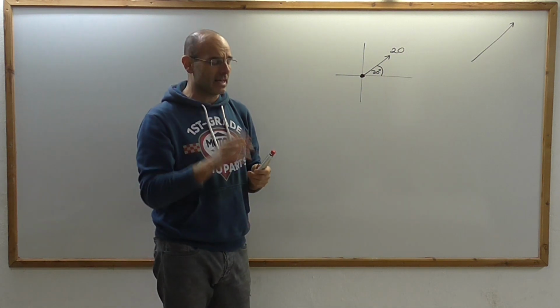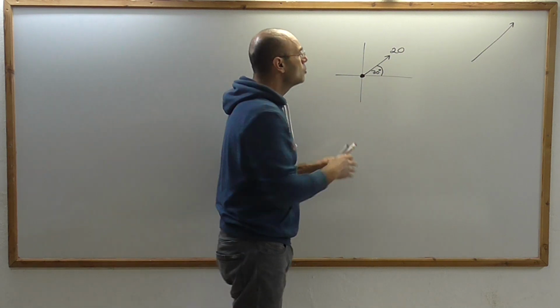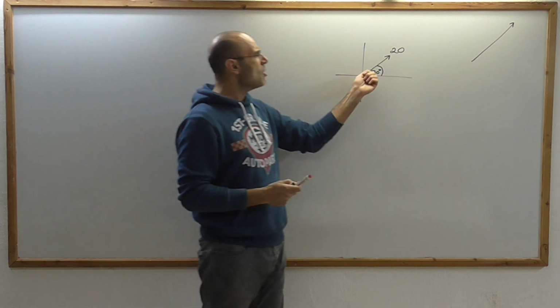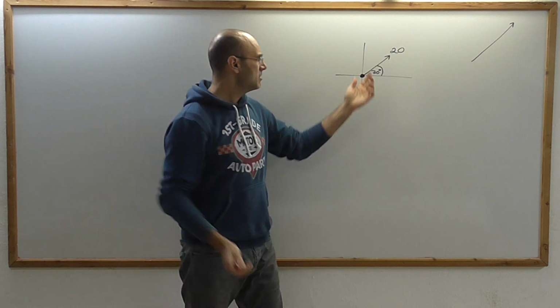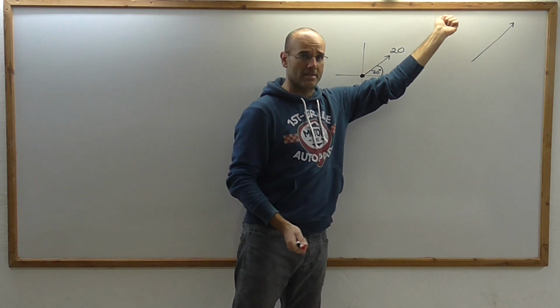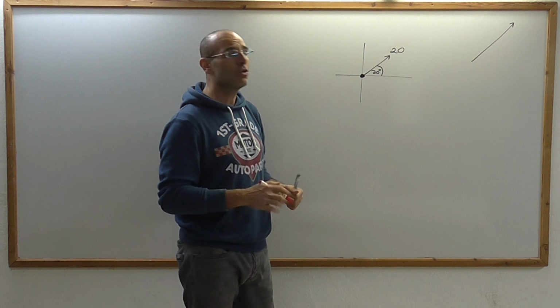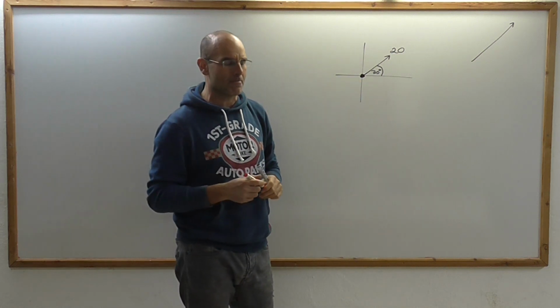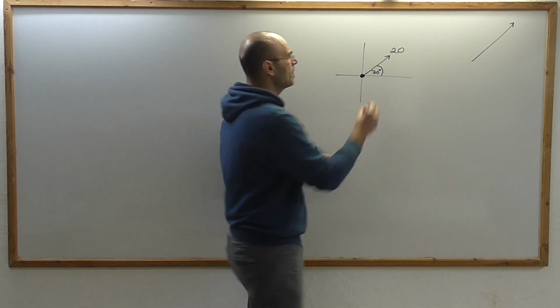I want to do something else. I want to break this vector into its components. What does it mean? Suppose my name is Danny. Danny pulls it like this. Instead of Danny, I want two people to pull this ball and the ball will feel exactly the same. What should I do?